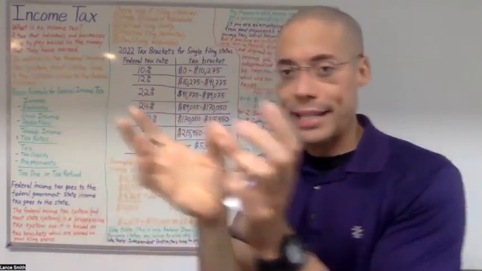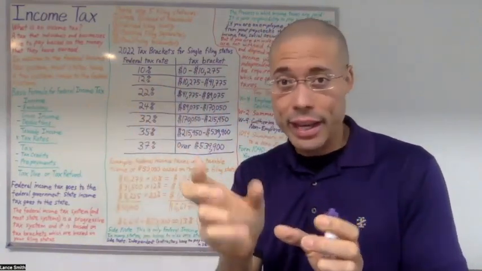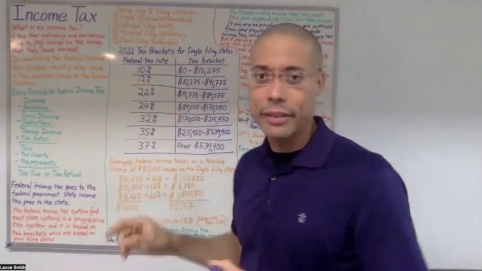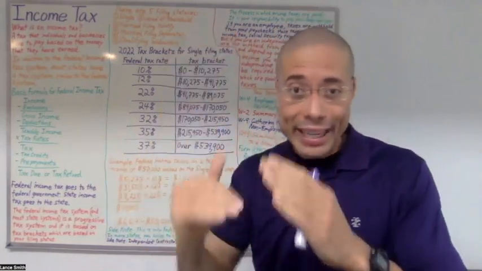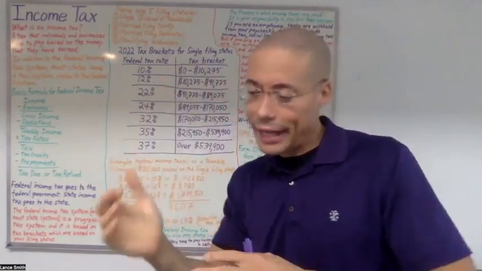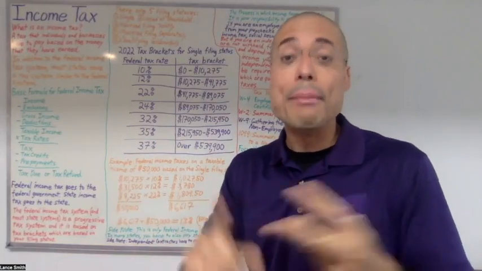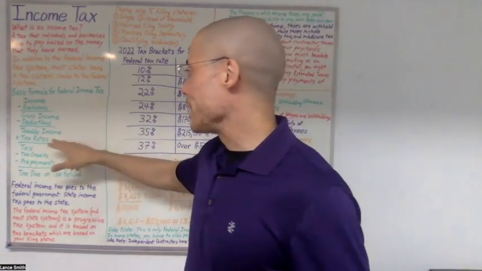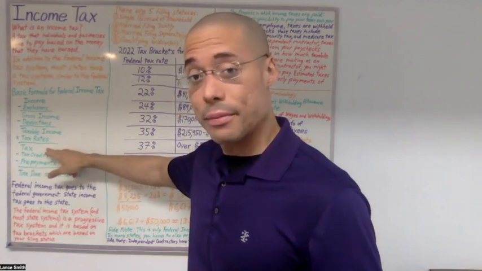And from that taxable income amount, we apply the tax rates. In a minute, I'm going to share with you how that's calculated, because the tax rates are based on the tax brackets, and the tax brackets are based on your filing status and your amount of taxable income. So you apply the tax rates, and then you get your tax.